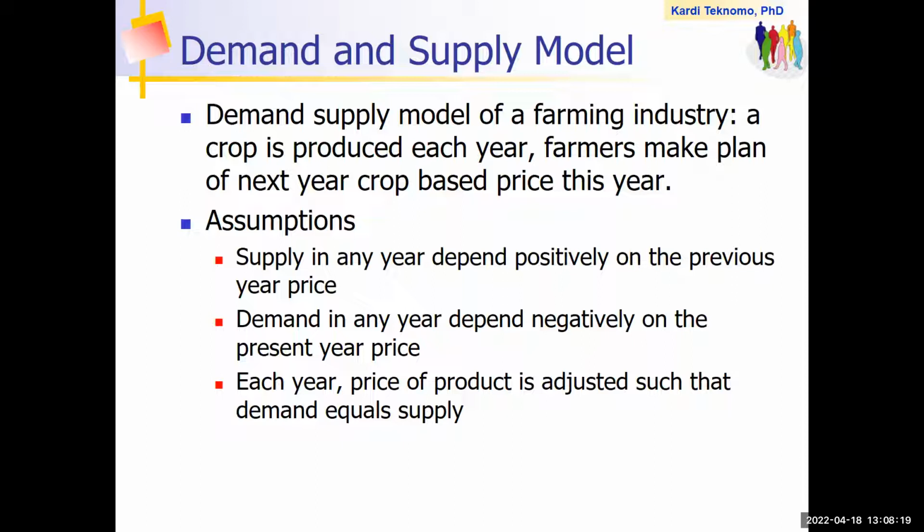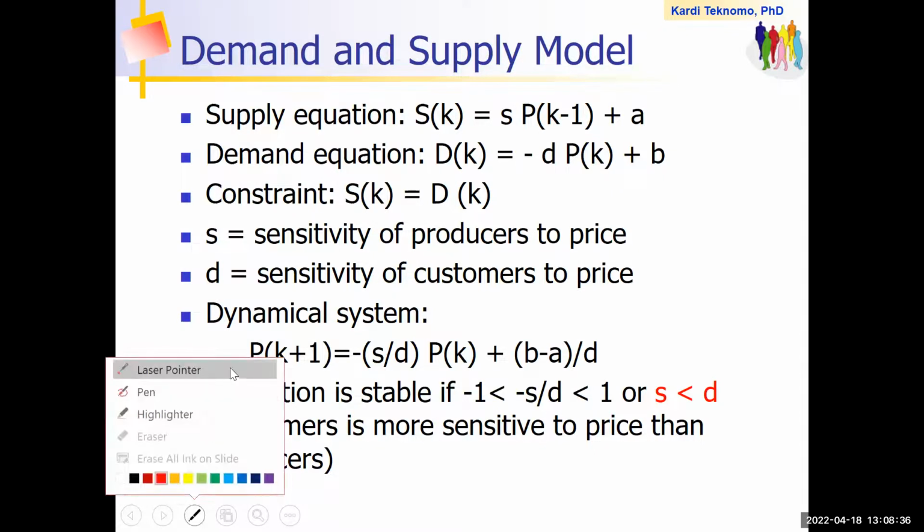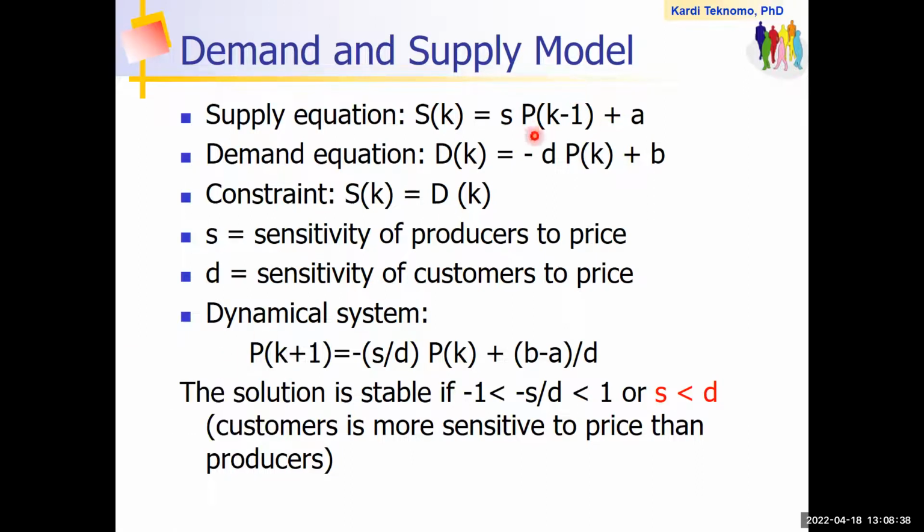So now we want to know how we will model this, right? Now we say the supply of this year depends positively, so S is positive here, and it depends on the price of last year.